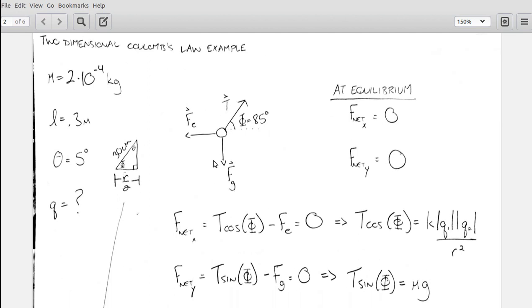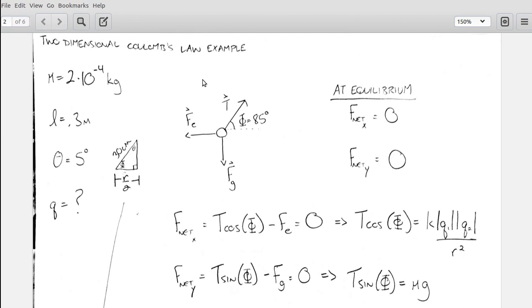So here's my free body diagram. I've got the mass, right? I converted grams to kilograms. Don't forget to do that. I've got the mass of the sphere. I've got the length of the string, which I converted to meters. This angle right here was theta, and I'm looking for the charge.